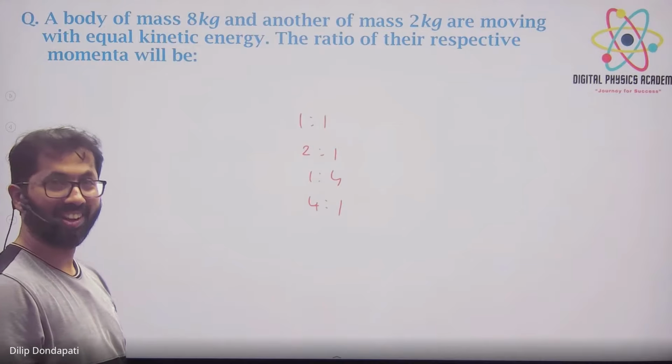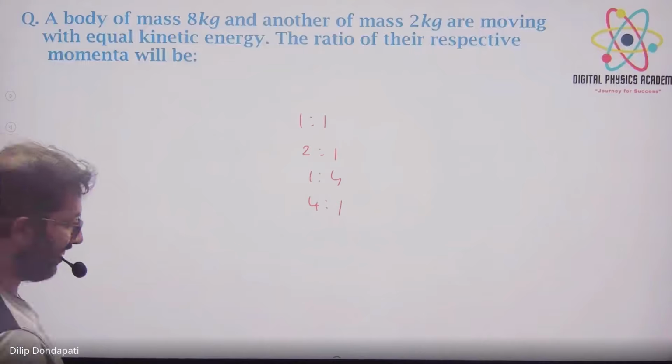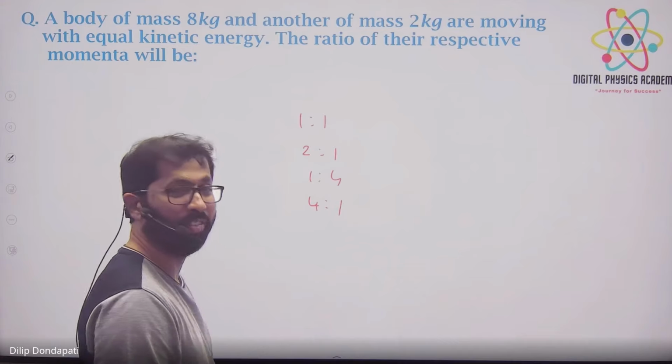Sir, I'm getting 4 is to 1. Sir, 2:1. Yes, perfect. 2:1 is the answer. Square will be 4:1.